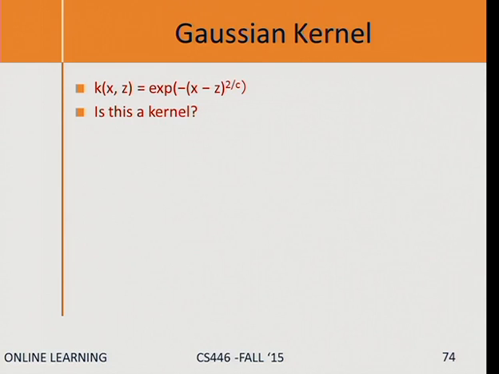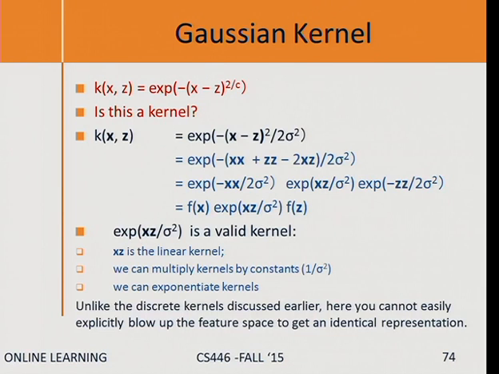We can actually prove it from first principles using the transformation that I showed before. So I'm going to write this here. K of xz, this is the definition. I'm going to just write this down explicitly: x squared plus z squared minus 2xz. And then I'm just opening this. So it's e to something, e to something, e to something, the product of them.